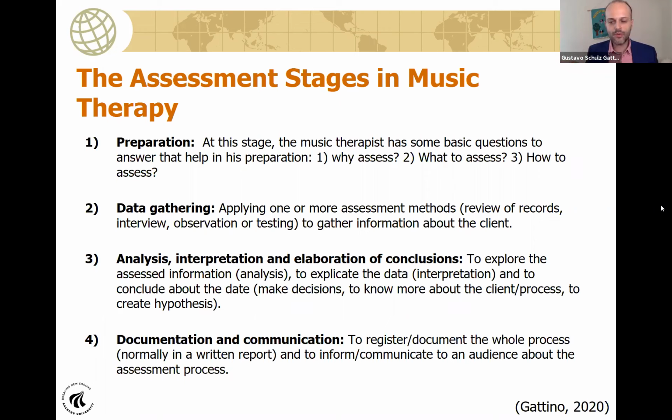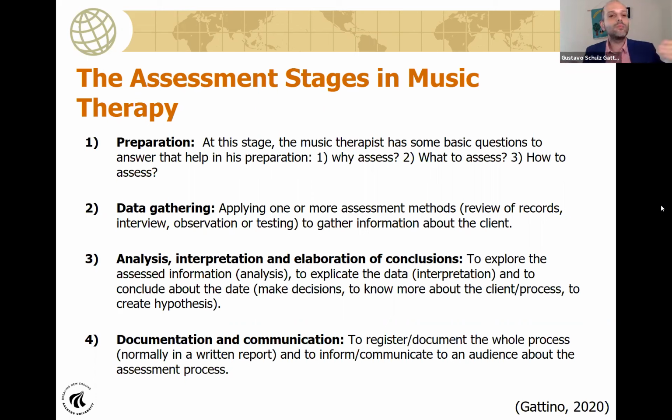So when we talk about data gathering, for sure, the first thing that we have in our minds is to be with the client, and I'm assessing the client in the moment of the session. However, sometimes this is not possible, not because the music therapist doesn't want to do this. It's because maybe it could be better to carry out the assessment afterwards, because in the moments of the session, we have many things to think about, many concerns.